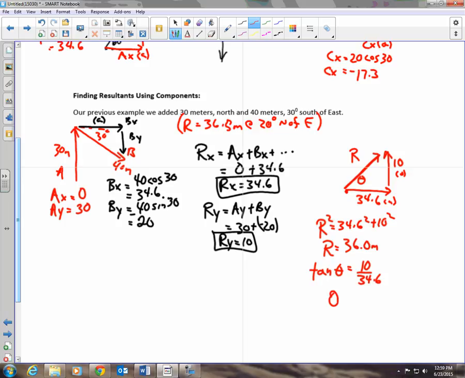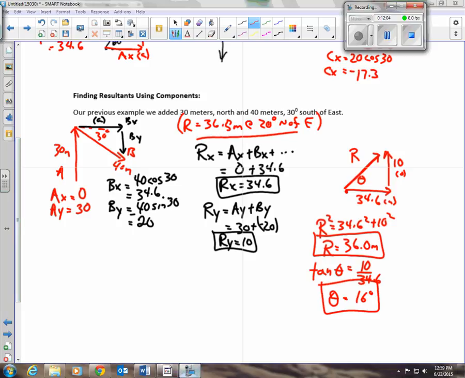And if I plug that in my calculator and do inverse tan, I end up with 16 degrees. So those sort of match what I had up here. Okay, my angle was a little bit off. I measured a little bit wrong. But we got pretty much the same answer. So hopefully that looks familiar to you, and you'll be able to replicate that without too much trouble.